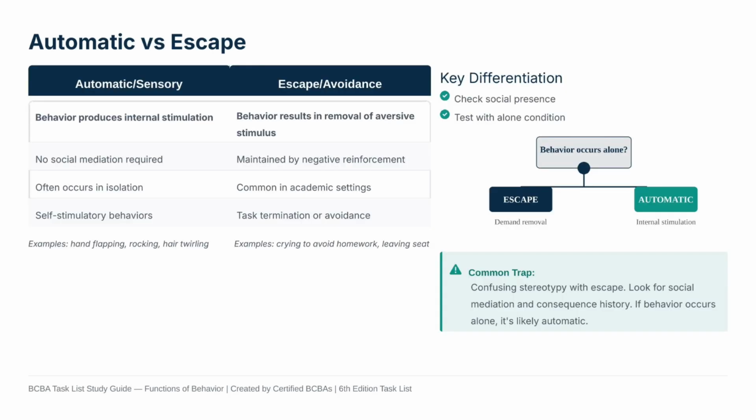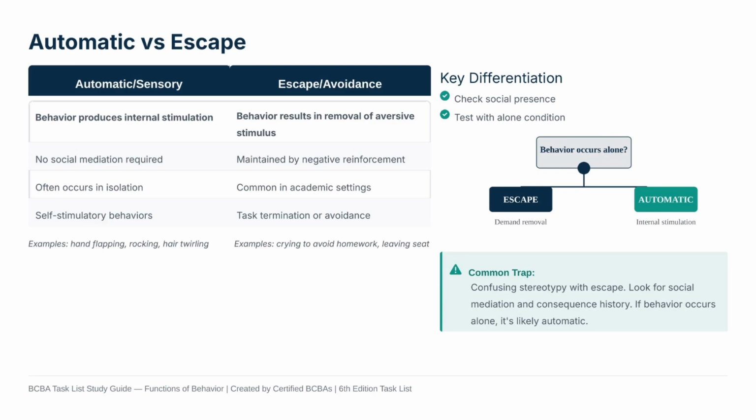Now let's clarify a very common confusion: automatic versus escape. At first glance, both may appear similar, especially if the behavior results in task disruption. However, escape behaviors are strengthened because a demand is removed. Automatic behaviors are strengthened because the behavior produces sensory input. Here's the diagnostic difference.